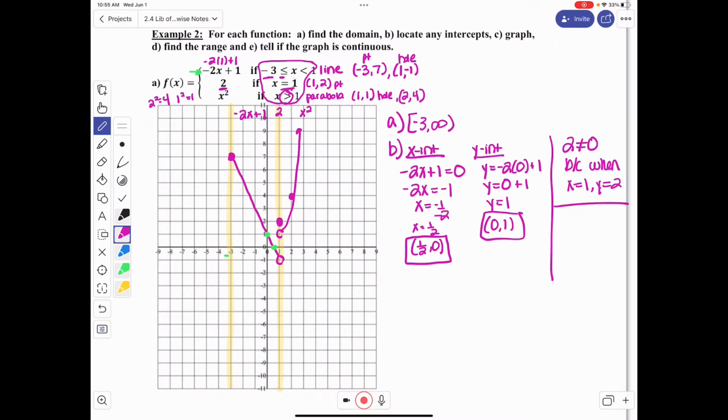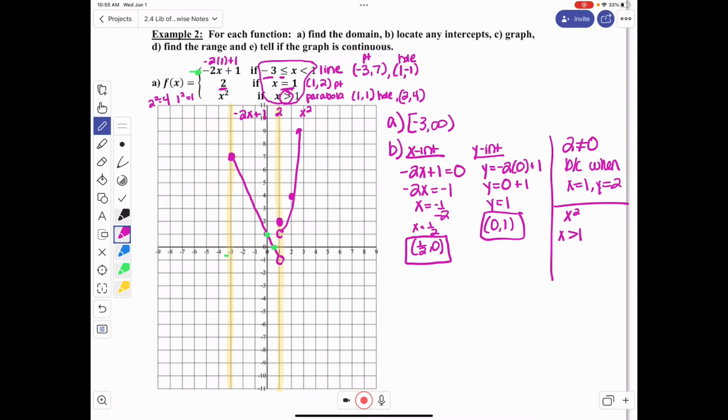And then for the x squared graph, we can't plug in a 0 because x is greater than 1. So we can't plug in a 0 for that because x is greater than 1. Okay, so we can't get an intercept for that.